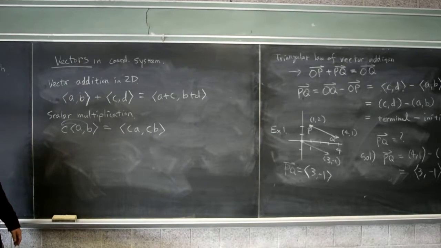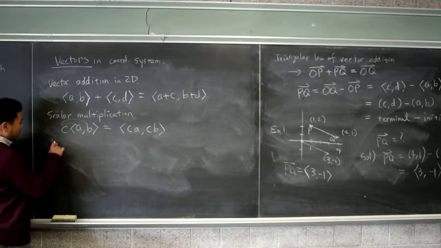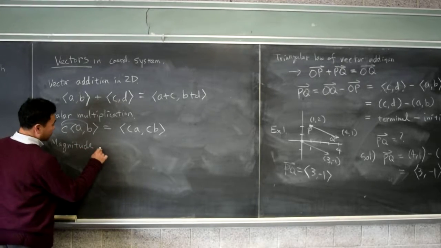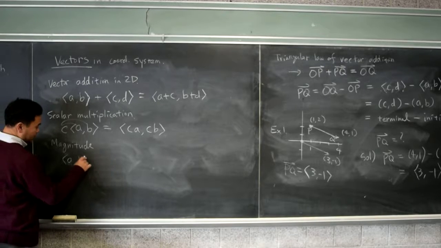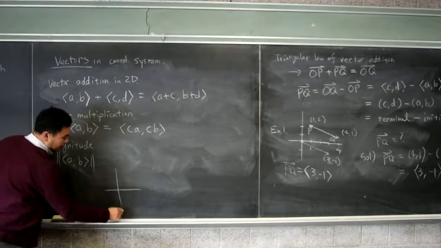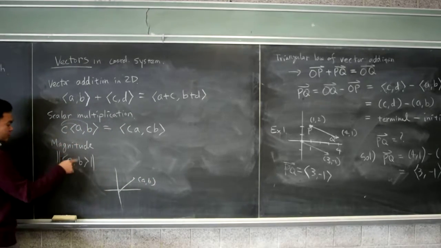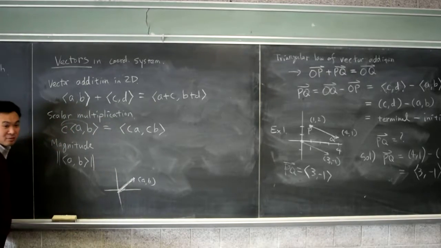Okay. So those are the two operations. And then the magnitude of a vector, if you have a comma b. Now let's think about this. You have a comma b here, and because of this angle bracket, that means that you're connecting it to the origin and you're trying to find this length.